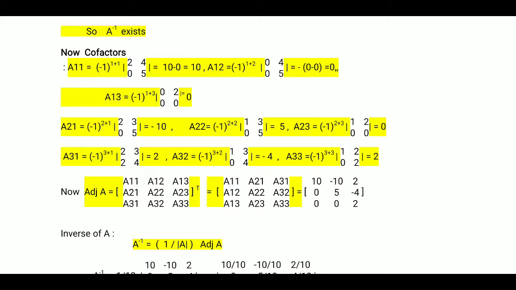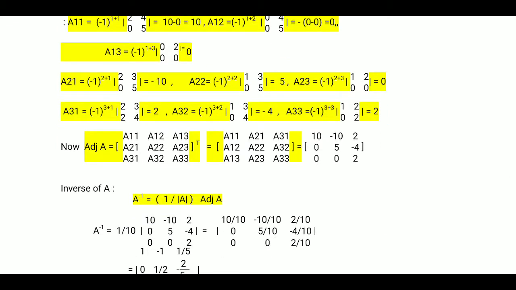So we get A11, A21, A31, meaning rows and columns are interchanged. So we get such a matrix, and then putting in the values of all, we get the matrix 10, minus 10, 2, 0, 5, minus 4, 0, 0, 2.